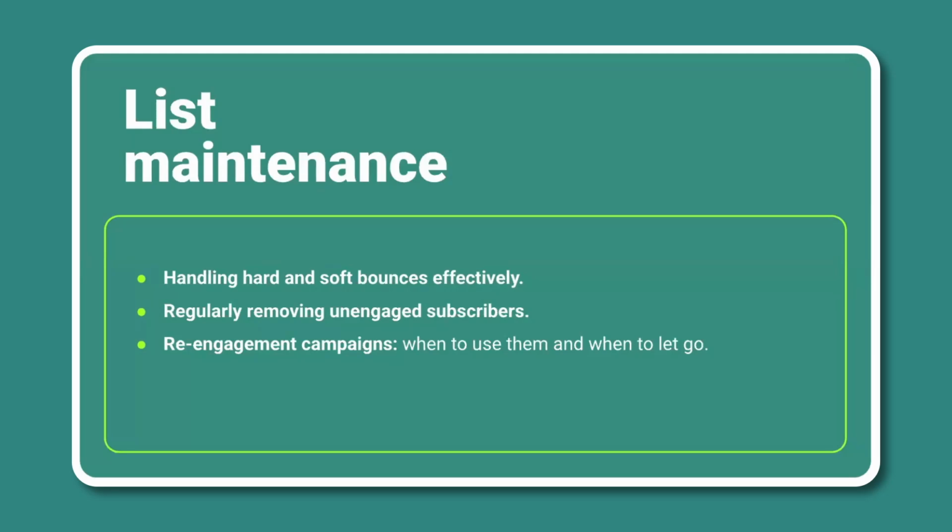And in my opinion, this should be the segment you're using for a re-engagement campaign. And what I'm suggesting is a re-engagement workflow. It can be automated with 3 consecutive emails. First email will be, let's say, we have missed you.